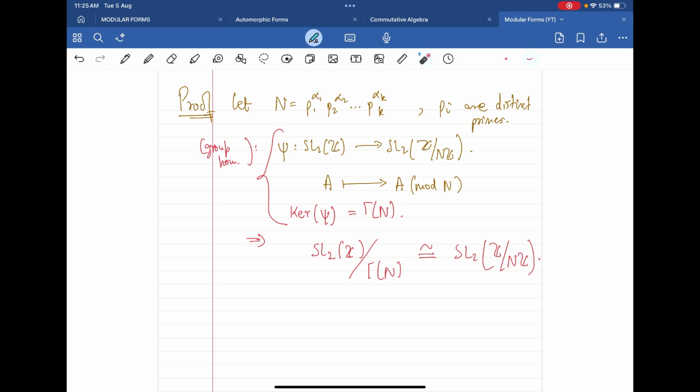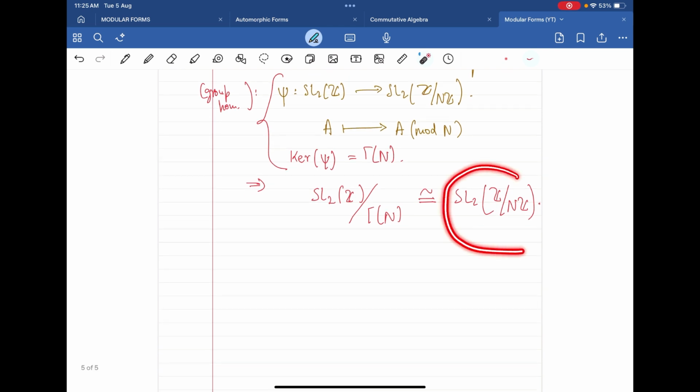The next step is that we want to make it better looking, something which is isomorphic to this group, in a form whose order is easy to calculate.